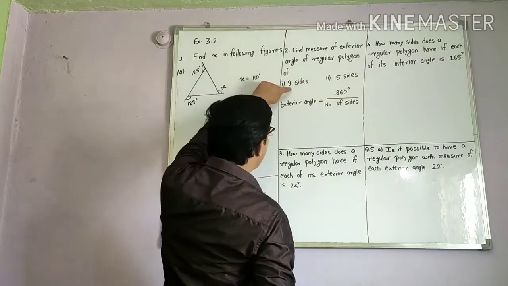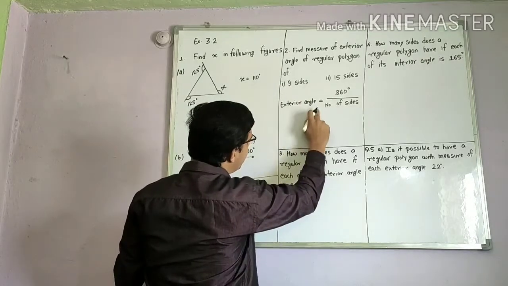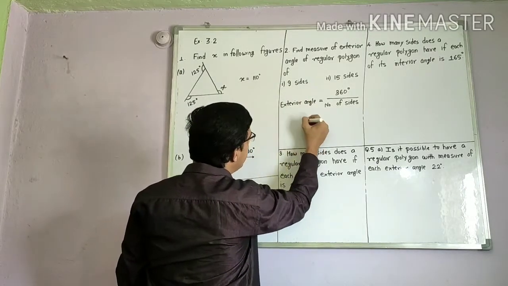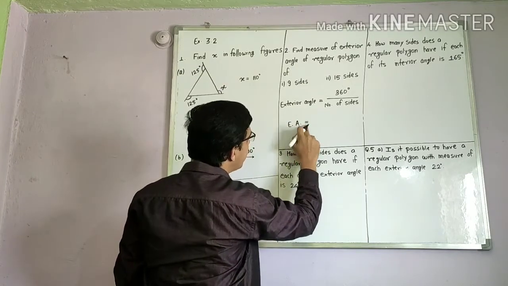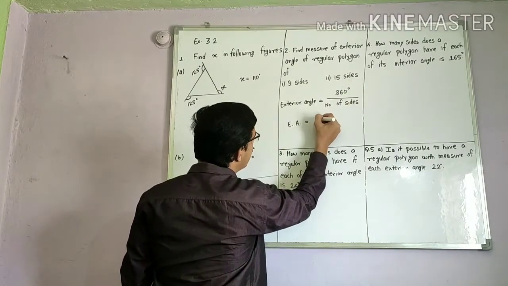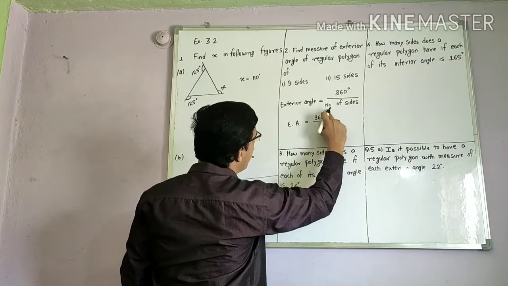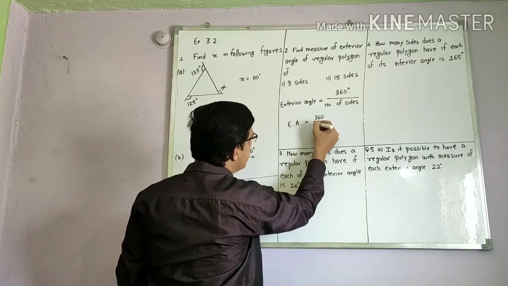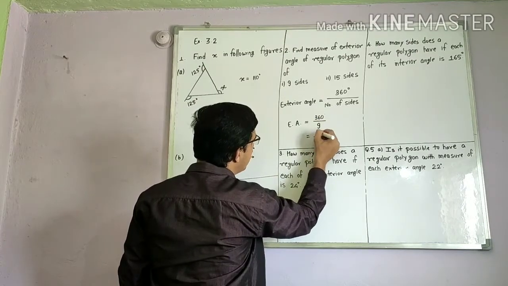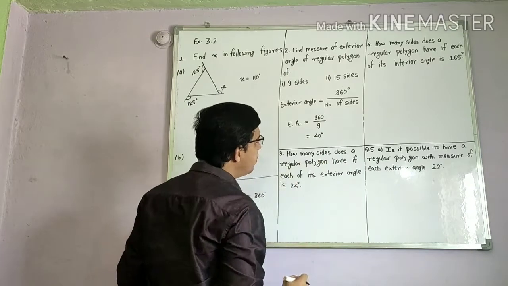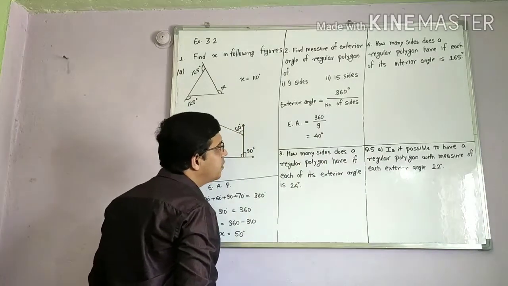So in the first case we have to find exterior angle. So exterior angle, I am writing it in short form. Exterior angle will be 360 degree upon how many sides? 9 sides. So 9 4s, 36. So each exterior angle will be 40 degree.